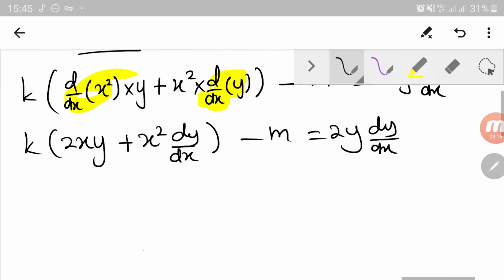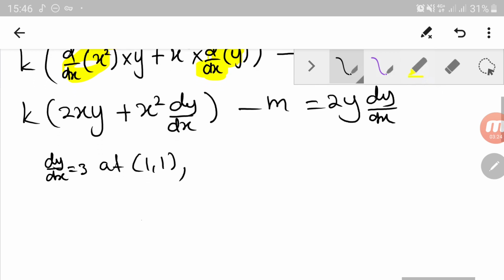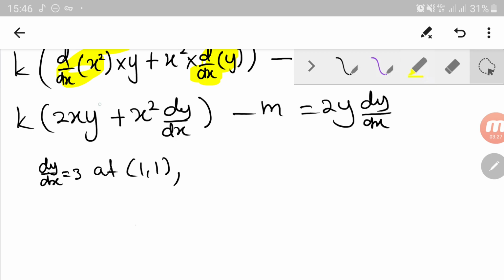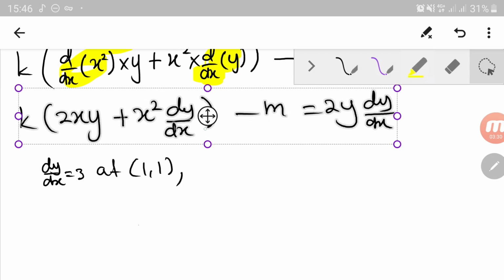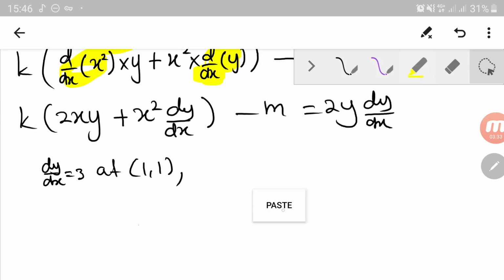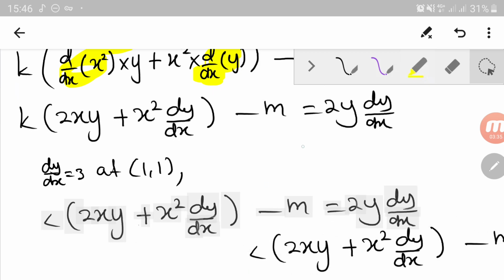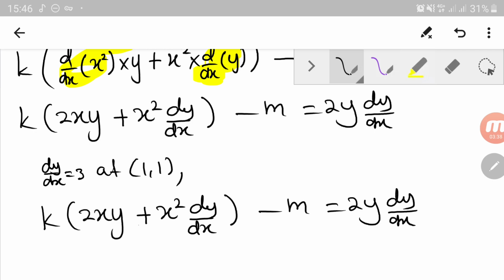The first derivative is 3, so dy/dx is 3 at (1, 1). So what we should do is copy all of it and put it here. Now we substitute all the values. x is 1, no longer x.